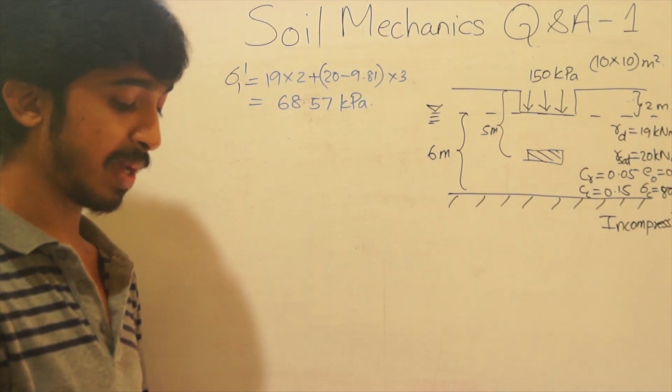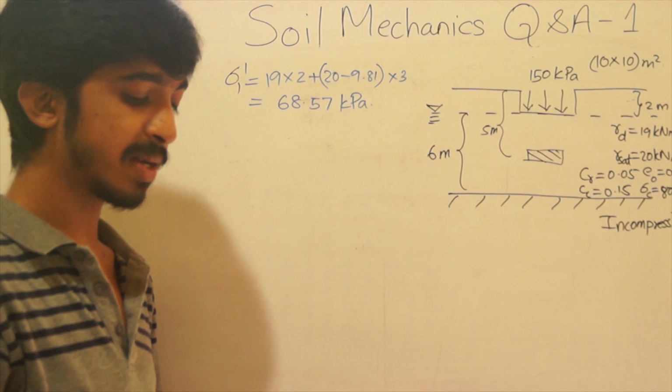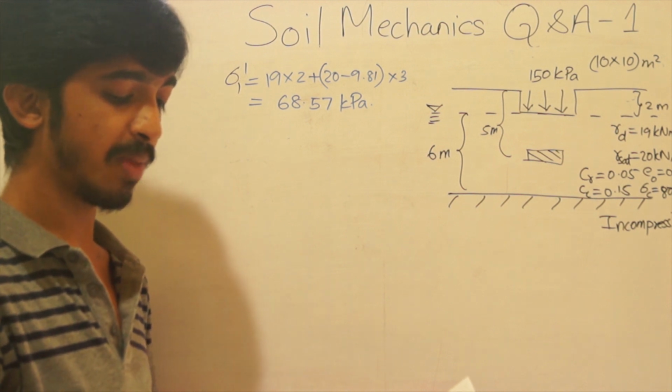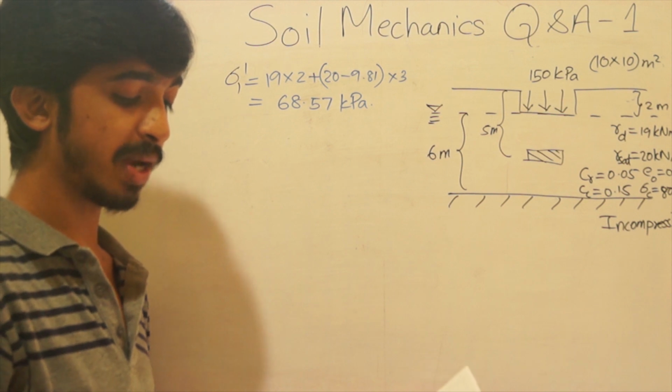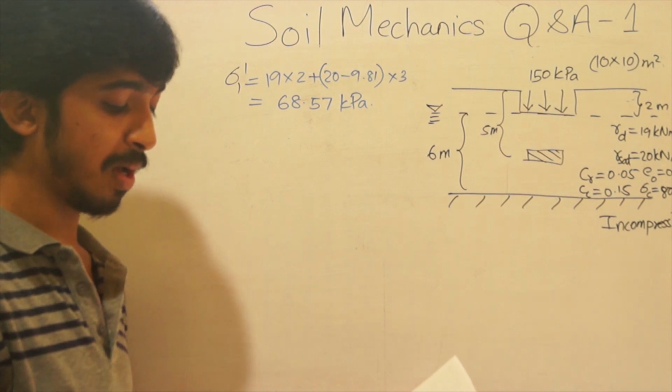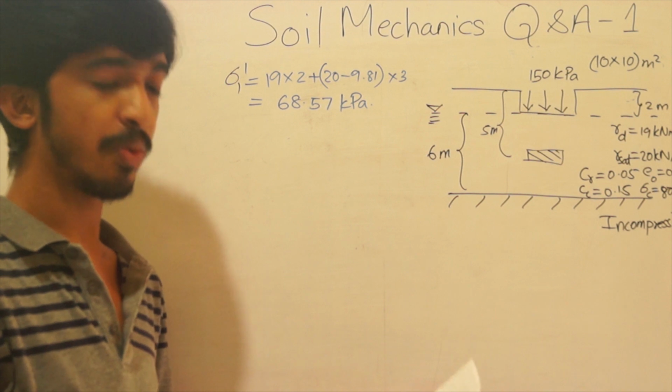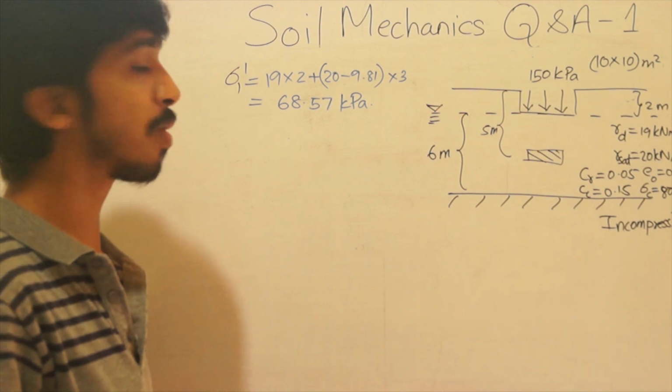The second part says, compute the vertical stress increment at the same level due to the construction of the raft foundation, assuming there is a 1 to 2 load spread.